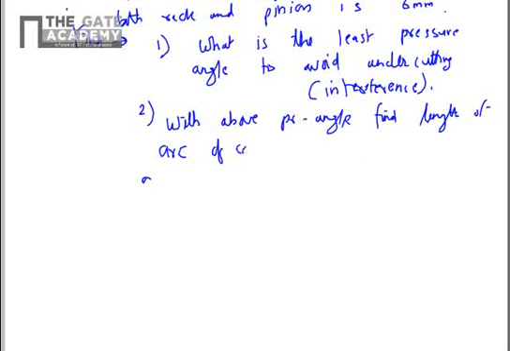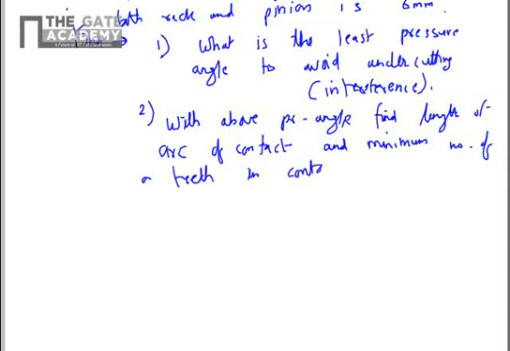Now the usual question asked is the arc of contact only, because that will help us to determine the contact ratio. Arc of contact and minimum number of teeth in contact at any given instant. What are the minimum number of teeth in engagement? These are the two questions.